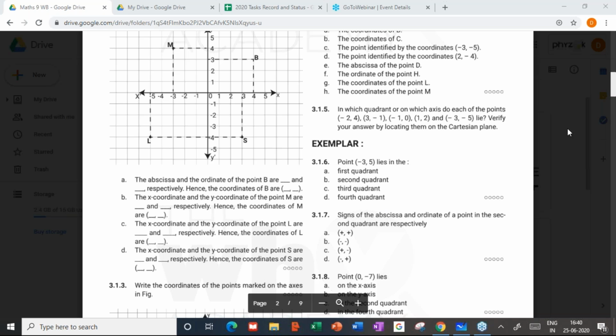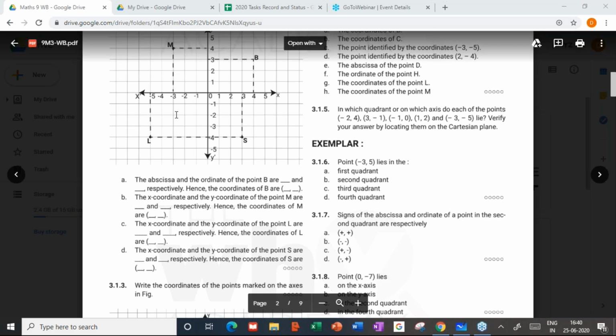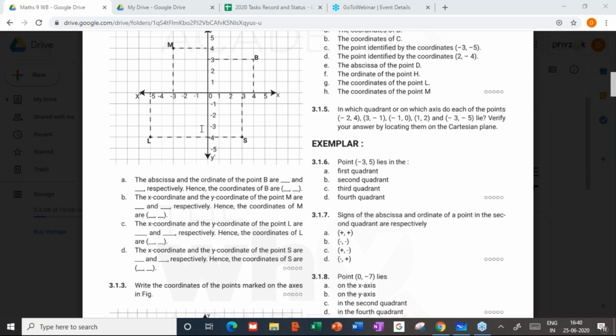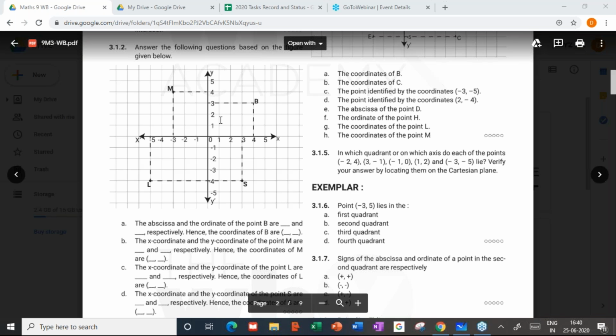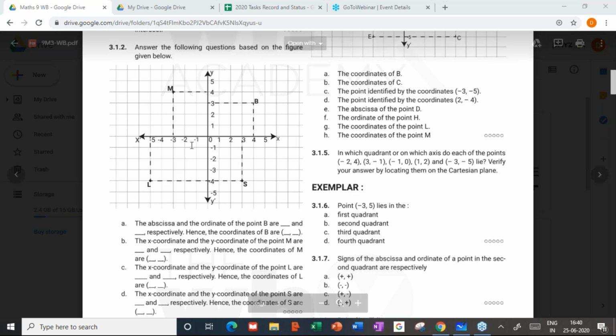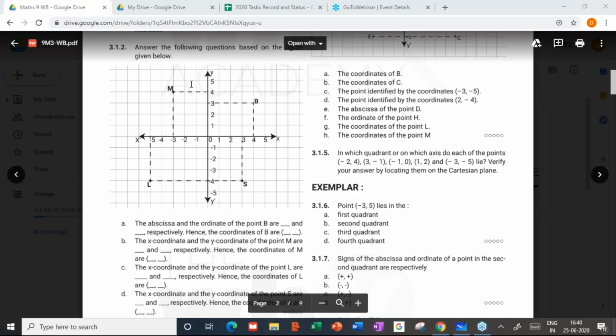Okay, everybody's confused again. Okay, point minus 3 comma 5. Look at this graph right here. This graph for 3.1.2, which we were seeing. You can see my cursor. So minus 3 comma 5 means minus 3 on the x-axis here and 5 on the y-axis here.